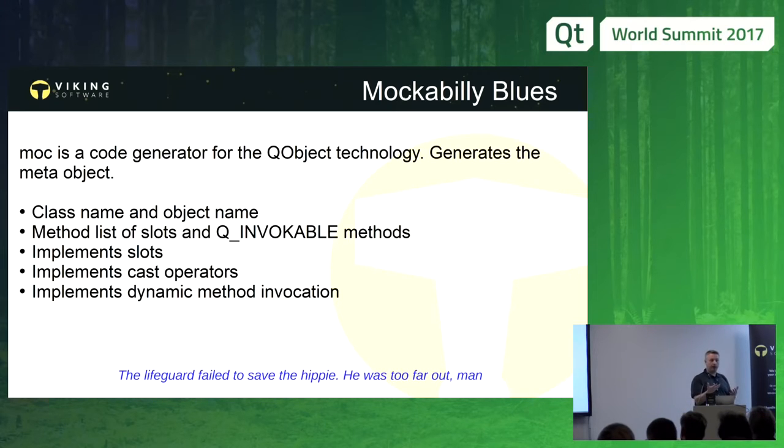The signal, on the other hand, moc knows what happens. The only thing the signal does is call the individual connected objects or push objects on the event queue if there are queued connections. That's why you don't implement a signal and you do implement a slot.